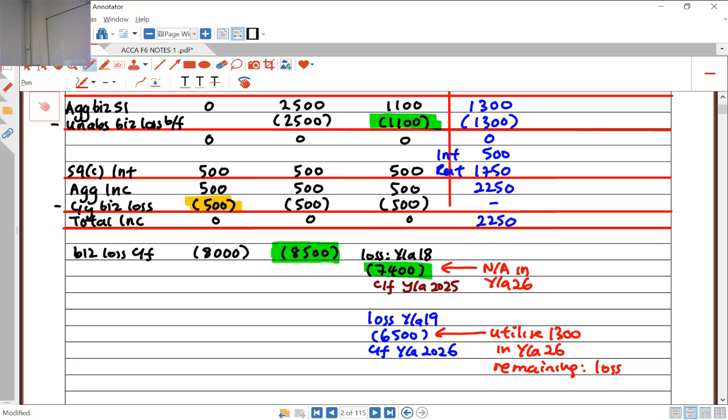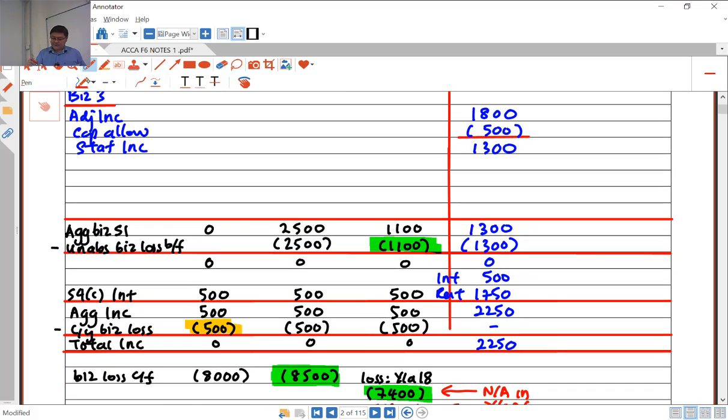The 7,004 will not come to you because 2025 is the last year. The 6,005 will only come to you, but you only have 1,003, so you utilize 1,003, so the balance, poof, disappears.